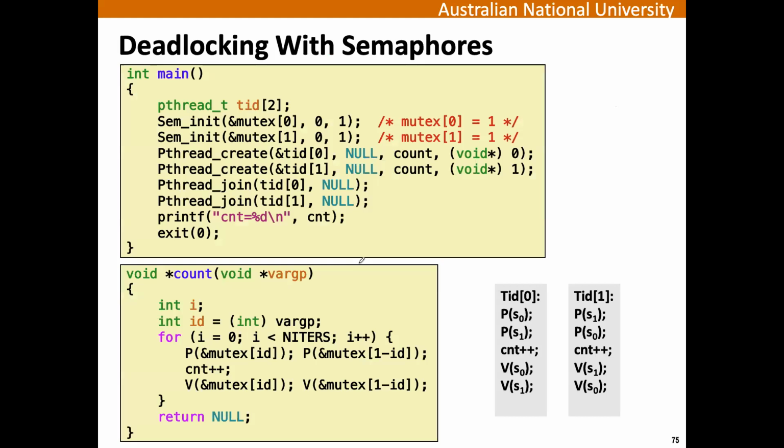So here's an example. This is a function, thread routine count. You're creating 2 threads. This thread has an ID of 0, this has an ID of 1. You have 2 mutexes, mutex 0 and mutex 1.